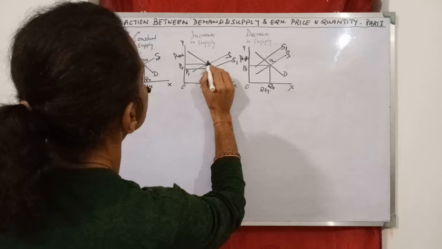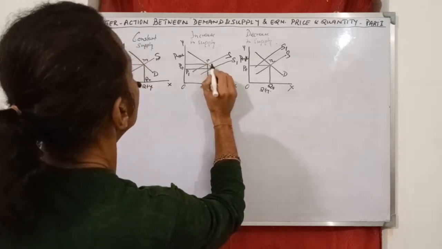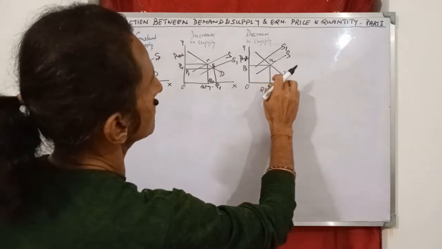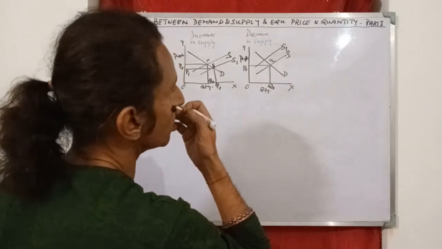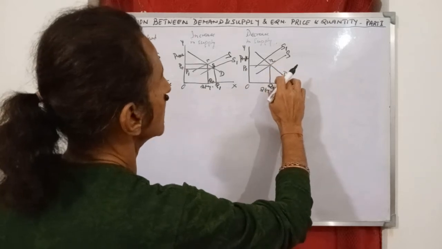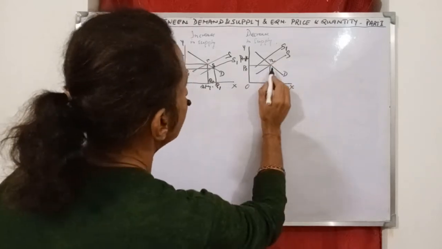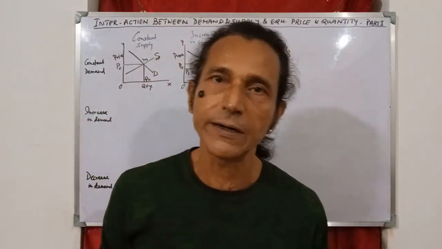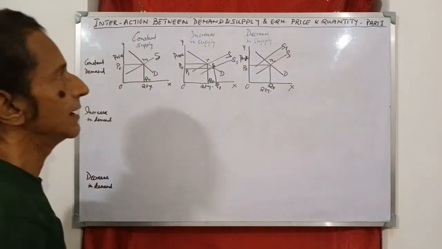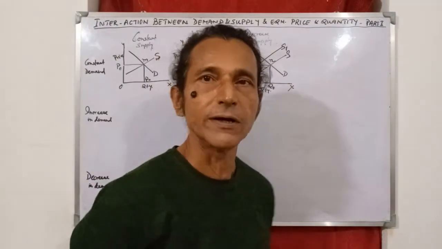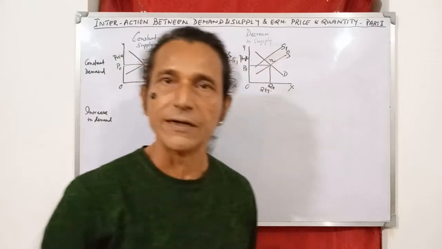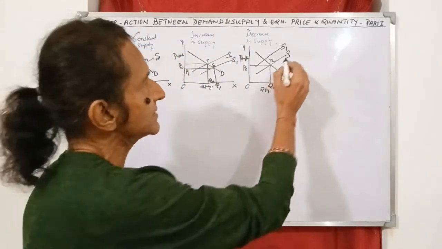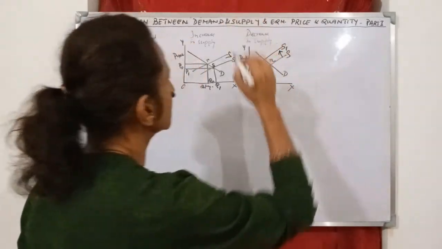Now here the constant demand curve and original supply curve are D and S and they intersect at point N. So equilibrium price is P sub O and equilibrium quantity is Q sub O. As supply falls, demand remaining constant, the supply curve will shift towards left. So S has shifted from S to S1.